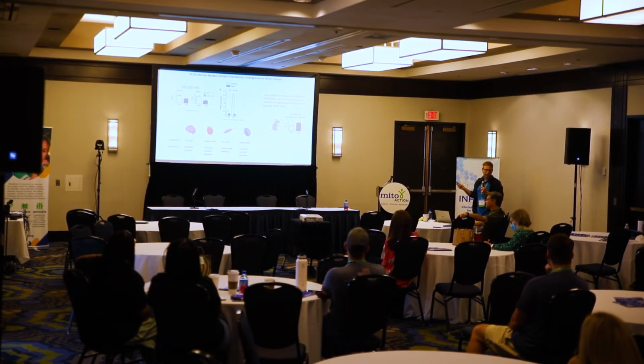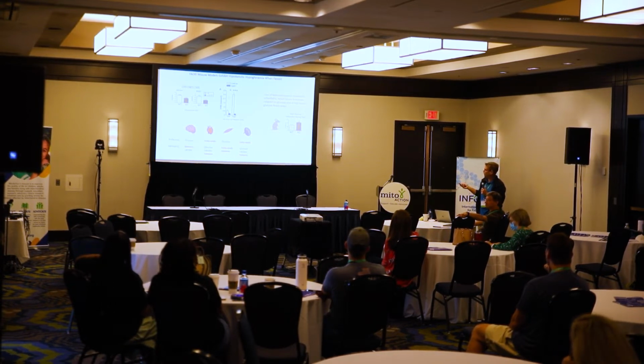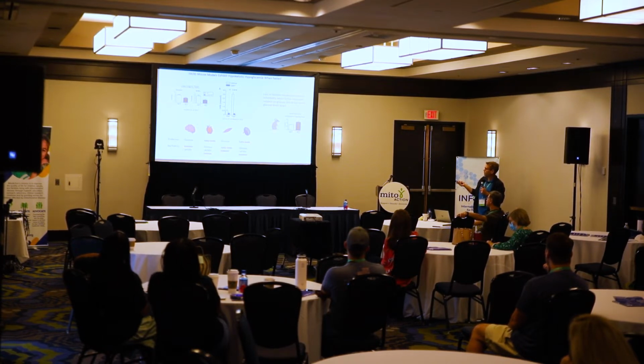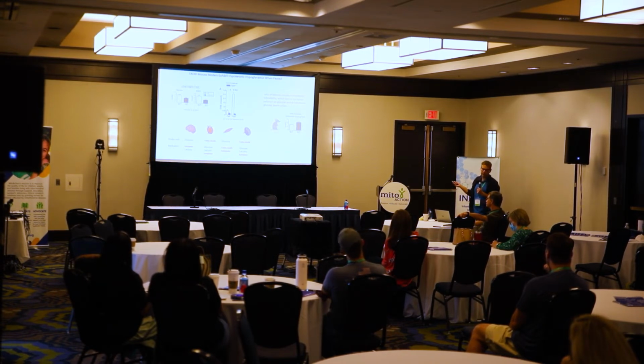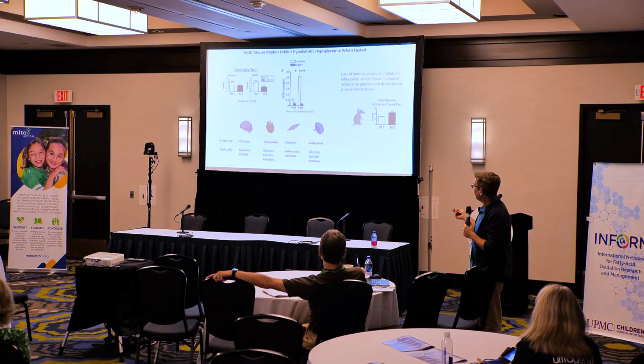So every patient and every FAOD will be a little bit different in what their capacity for making ketones would be. So I mentioned this concept of a menu. So what happens is, if you have an FAOD, you've already kind of limited your menu somewhat by taking fatty acids off the table. But now in the fasted state, you're taking ketones off the table. You're forcing a greater reliance on glucose.